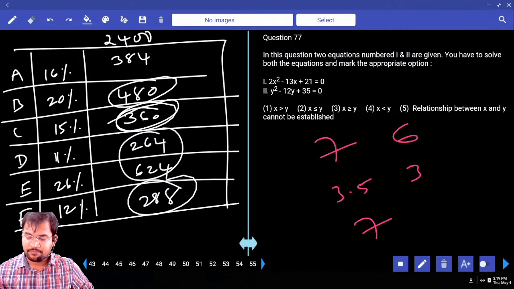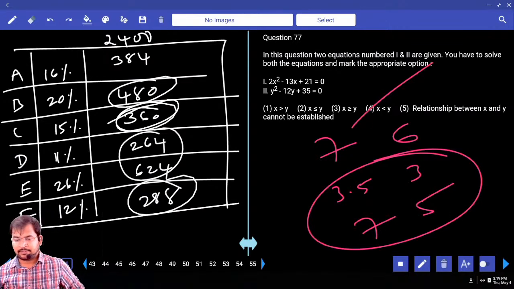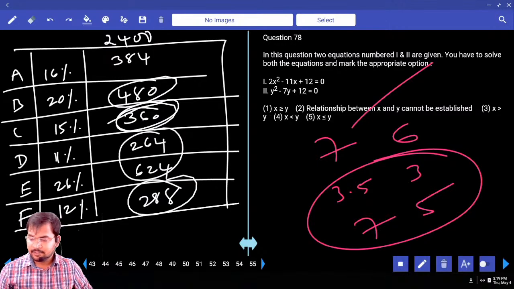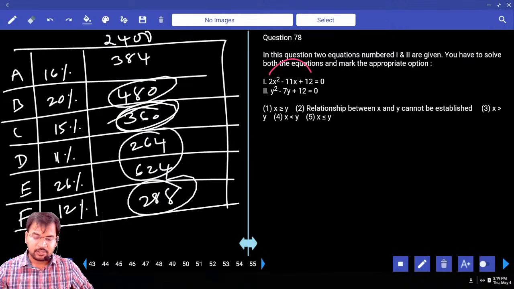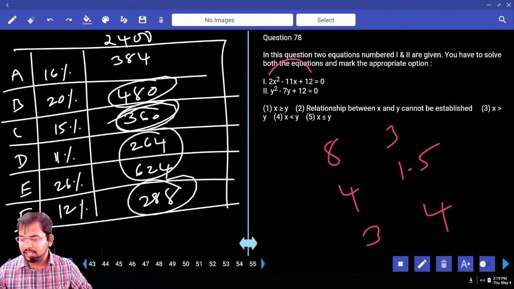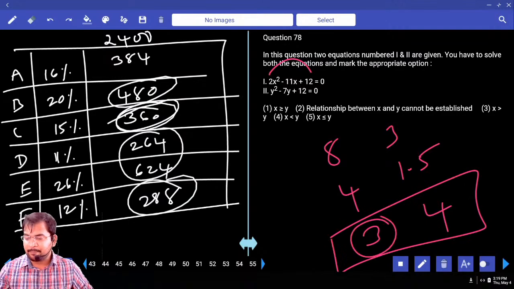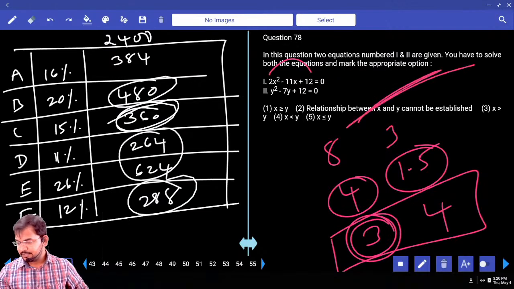Next, 7. So you can say confidently x is less than y. Next, 2 12, 24, 24 gives 8, 3, 8 gives 4, 1.5. Next, 3 is greater than 1.5, but 4 is greater than 3. Answer cannot be established.